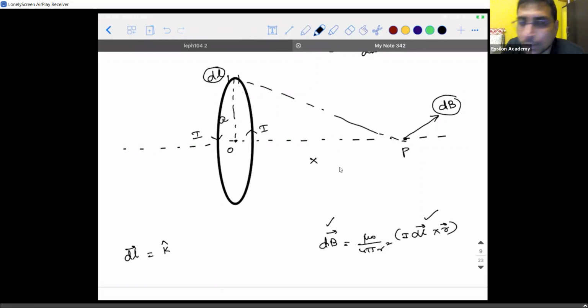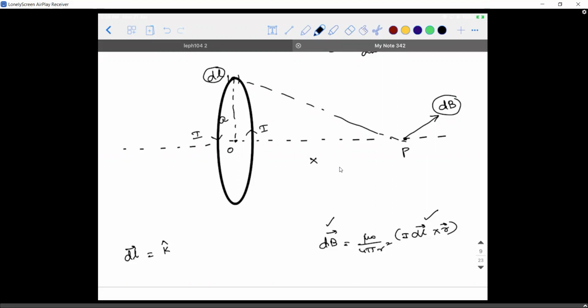Now if I take this dl as origin, what is the direction in which P is lying? Clockwise. The right word.